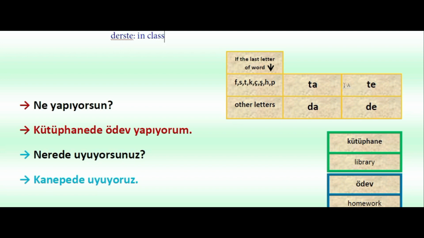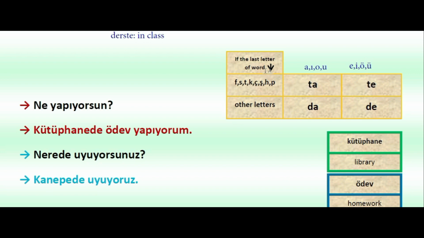And after that we will be checking the previous vowel. If the previous vowel is one of a, ı, o, or u, we can use ta after these letters. And after e, i, ö, ü, we can use te.